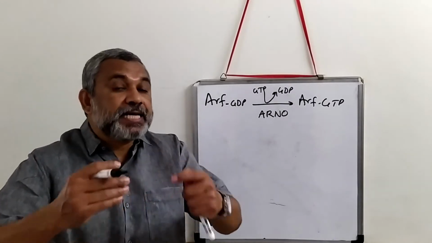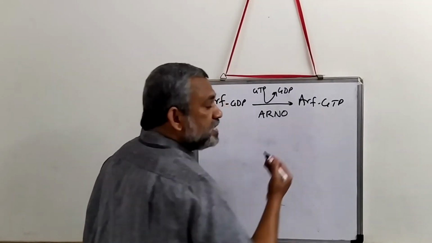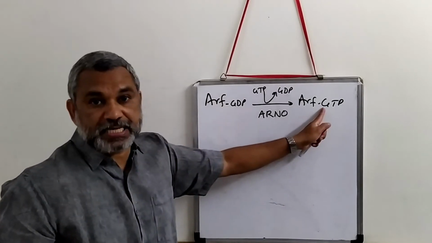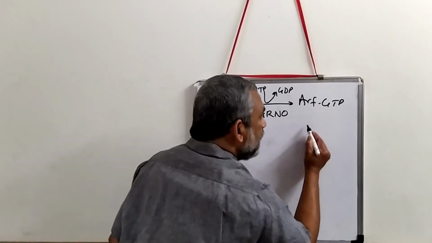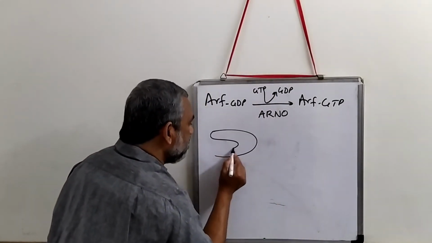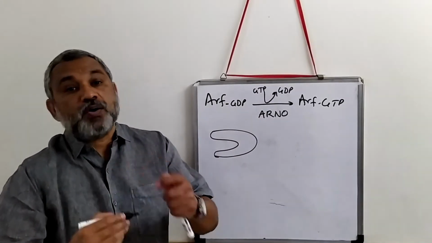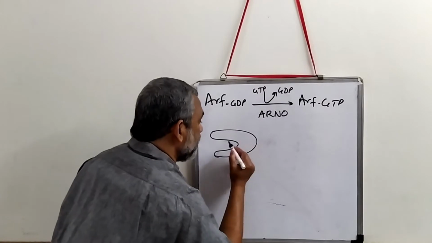Now RNO is basically acting like a GTPase. What happens is that GTP binds to this ARF. In the ARF protein, we are drawing here, a conformational change is happening because the GTP is bound to it.